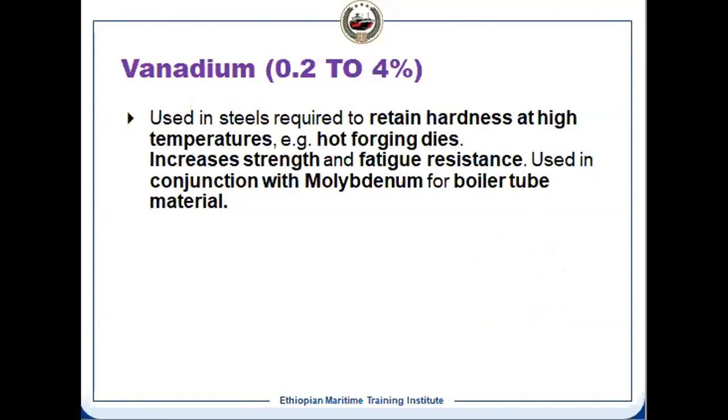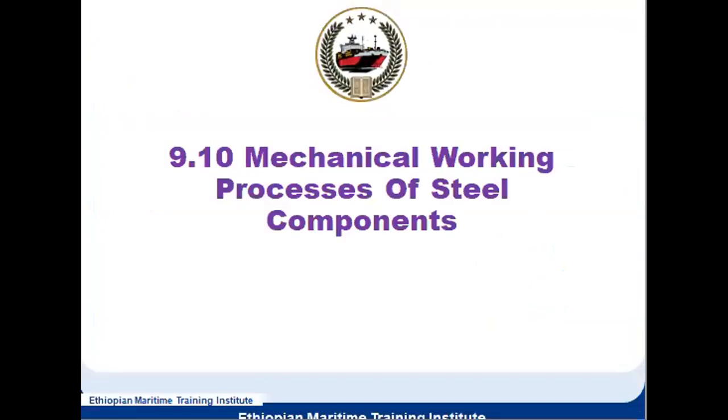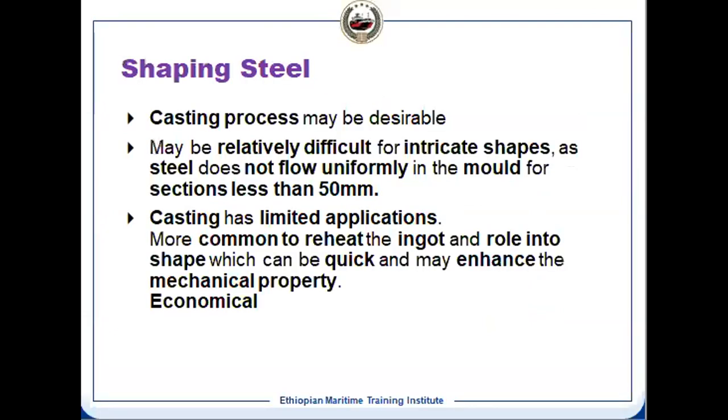So now there is the shaping of the steel. How do we give the shaping? One of the ways is that we give the shape by casting. And casting we have seen. One problem is that the section should not be less than 50 mm. We have seen this with the transverse girder of the main engine bed plate.